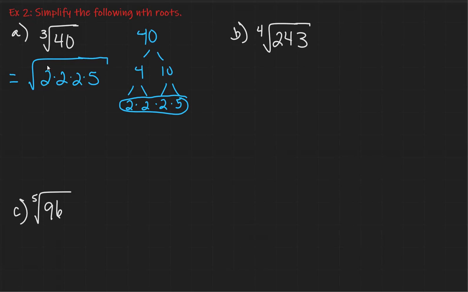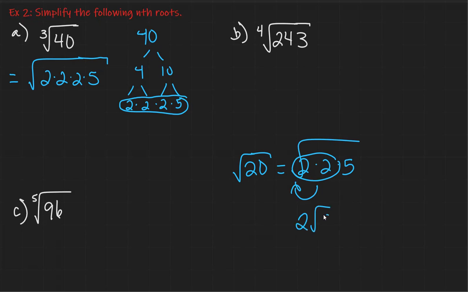Now if I think about the square root of 20 example, that was 2 times 2 times 5. We rewrote the 2 times 2 as 4, but really, since it's a square root, what we're doing is factoring out in pairs. If I have a pair of 2's, then that comes out as a 2.